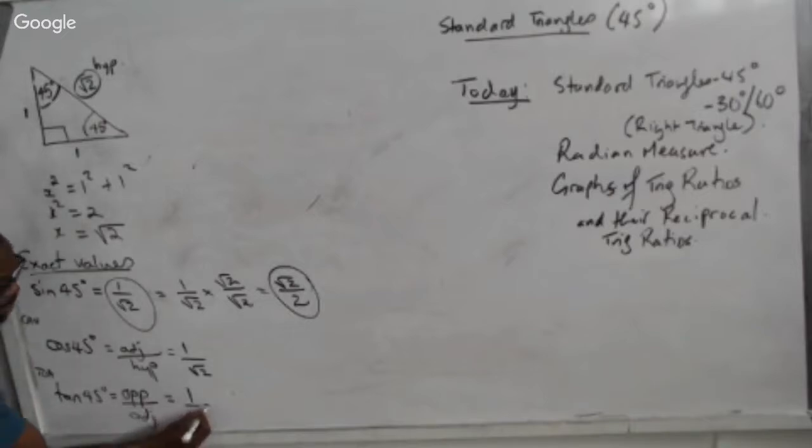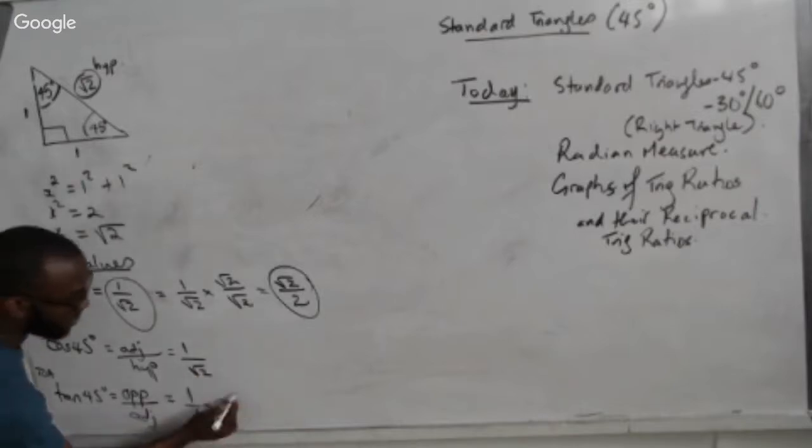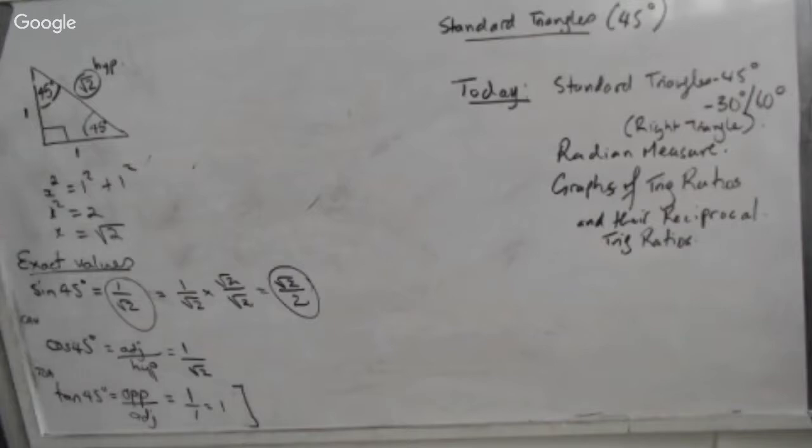So this is 1 upon 1, which is 1. What's the other way we can evaluate tangent of an angle? The sine over the cosine.